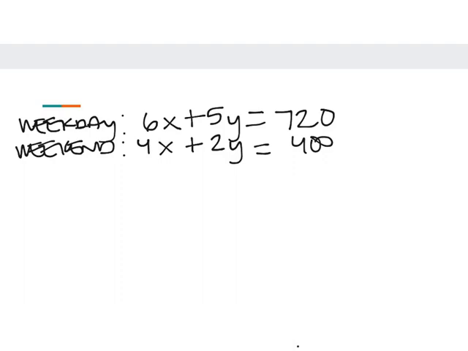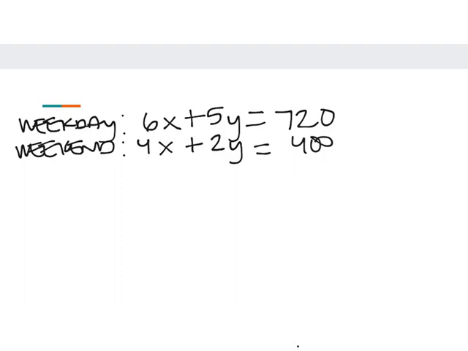I don't have a variable already solved for, so I can use substitution or elimination. I'm going to go ahead and do the elimination method.